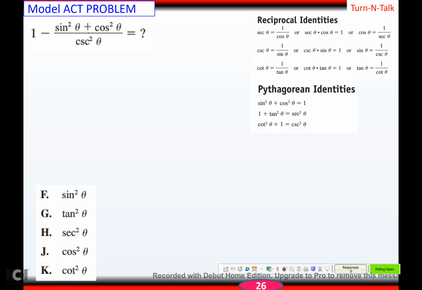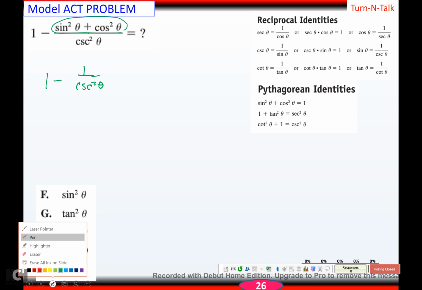Alright, try this one. Hit pause. Come back when you're ready. And hopefully you got it. Anytime you see the famous sine squared plus cosine squared, you can replace it with 1. So I have 1 over cosecant squared.